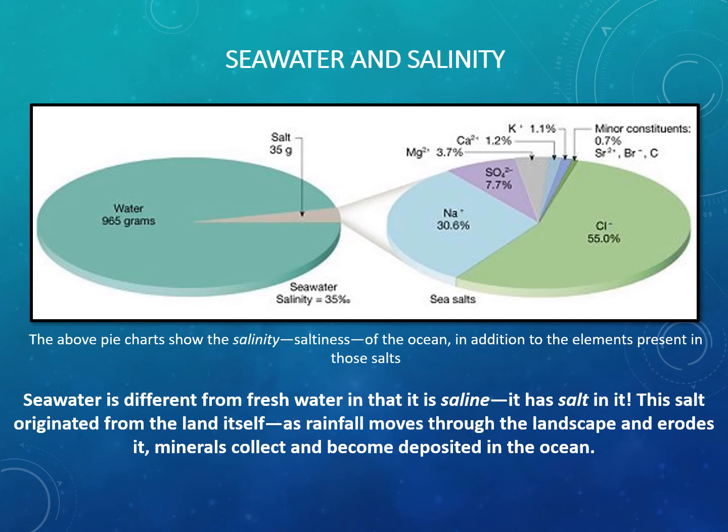This pie chart shows the proportion of salt in the ocean. On average, for every 1,000 grams of water in the ocean, there are 35 grams of salt. So the ocean has a salinity of 35 parts per 1,000 on average.